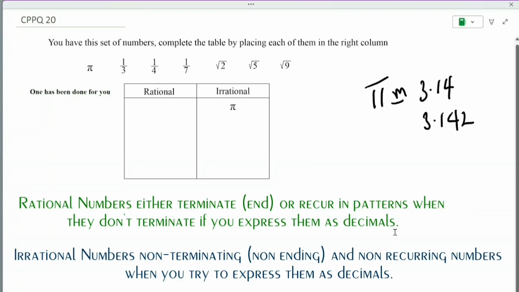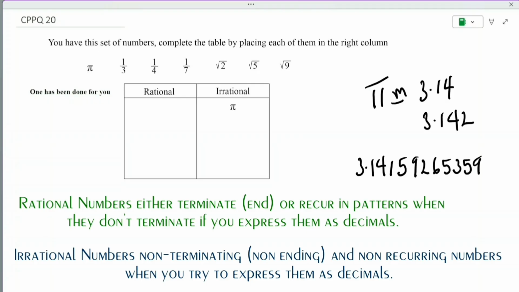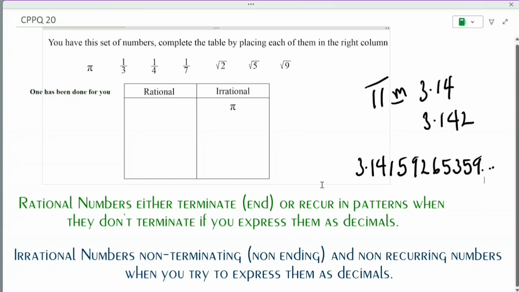That is, if you are to express pi, you have it as 3.14159265359 and so on. It doesn't stop. It doesn't terminate. That means it doesn't have an end, and it doesn't recur. If it were to recur while non-terminating, it would be termed a rational number.